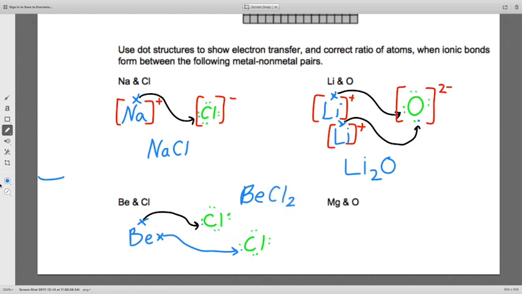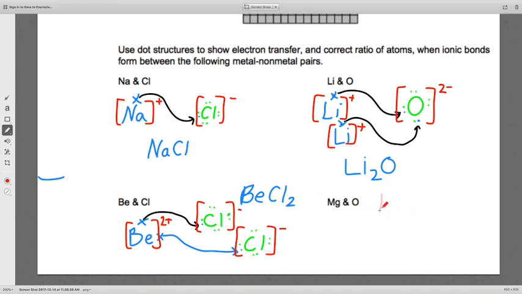And again, if we want to think about the charges on each individual atom, this beryllium atom has lost 2 electrons. So it would now be carrying a +2 charge. Each chlorine is carrying a -1 charge. I'll let you try magnesium and oxygen for yourself. You should find out actually that a 1-to-1 ratio works out.